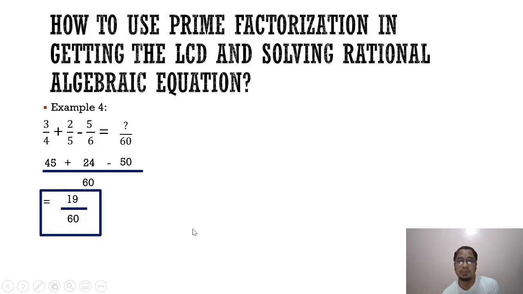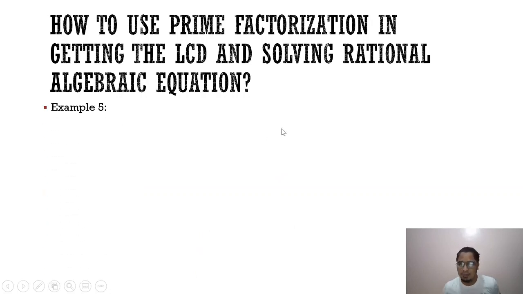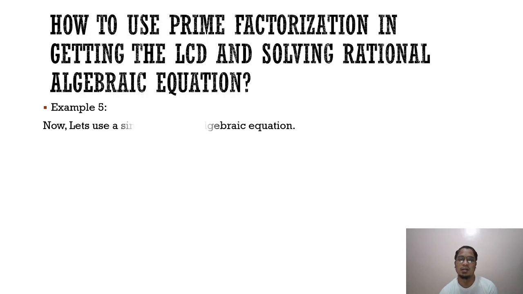Okay po? So again, yung example number 4 natin is a simple fraction. Kagaya po nabanggit ko kanina, dito sa example number 5, we will be incorporating variable. So, simple rational algebraic expression, naglagay lang si Sir: 5 over x minus 1/3 is equal to 1 over x.